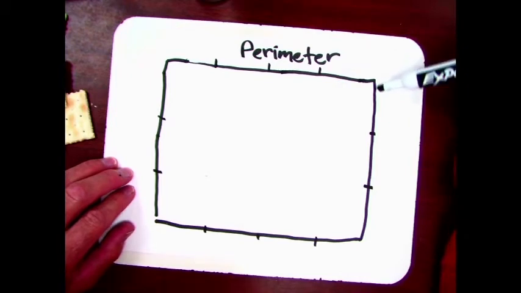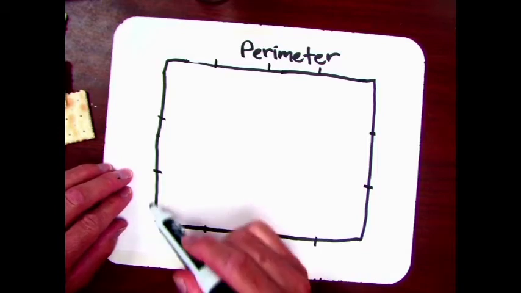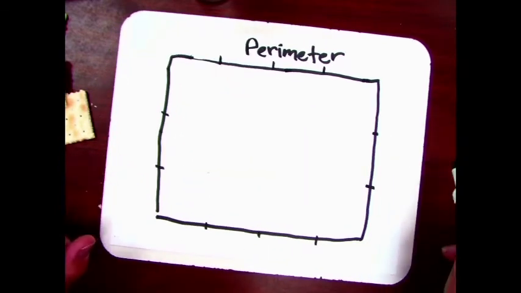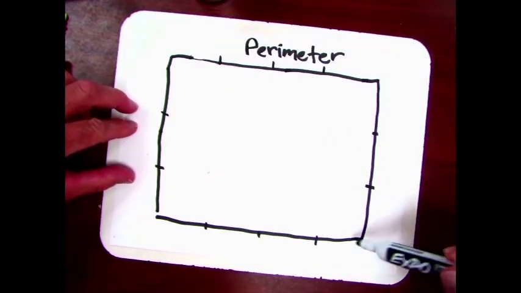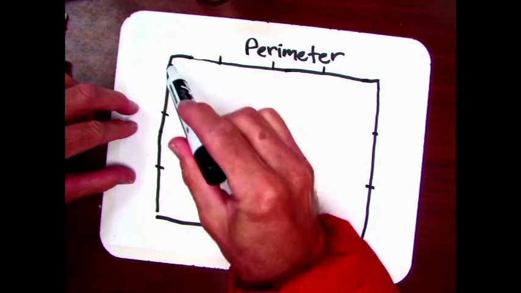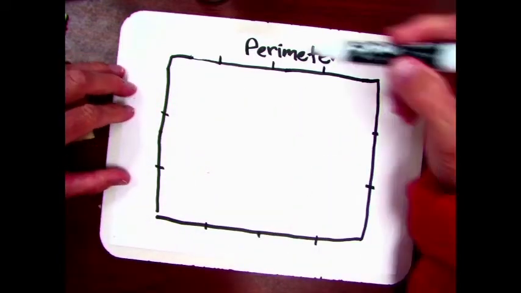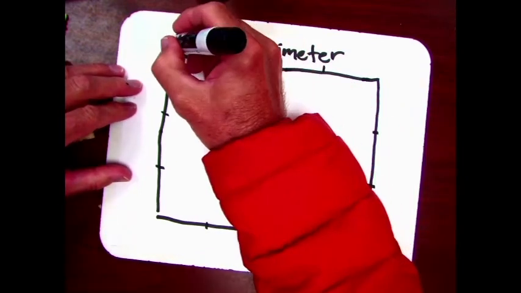I had 4 lengths of crackers this way and 3 lengths of crackers this way. 4 lengths of crackers this way and 3 lengths of crackers this way. We're not going to look at them as rows and columns. We're going to look as though this is a number line, as if we folded a ruler that's making our rectangle.